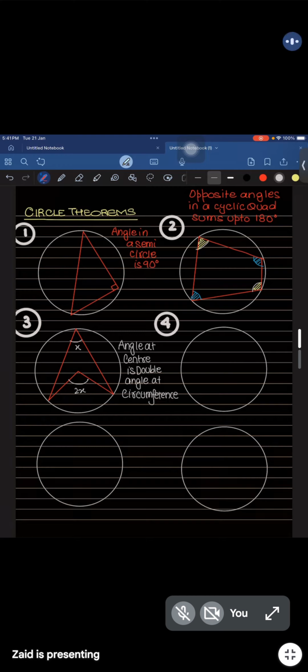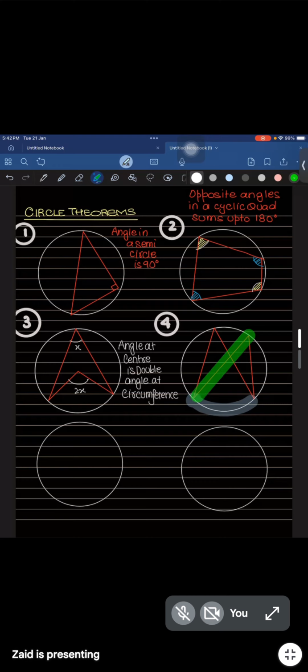Theorem number 4. This whole part is going to be a segment. Can you see this?